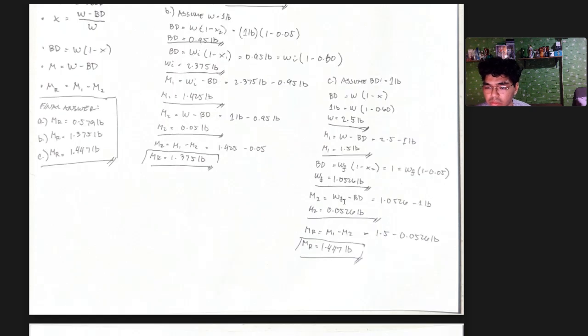We will find the final weight, and then you will have 1.0526 pounds.